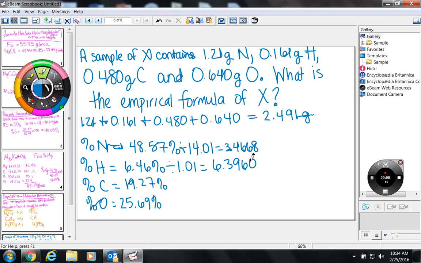19.27 divided by 12.01 is 1.6045. Then I have 25.69 divided by 16. 1.6056. Which of those numbers is the smallest? That last one. No, wait, no. That one, right?